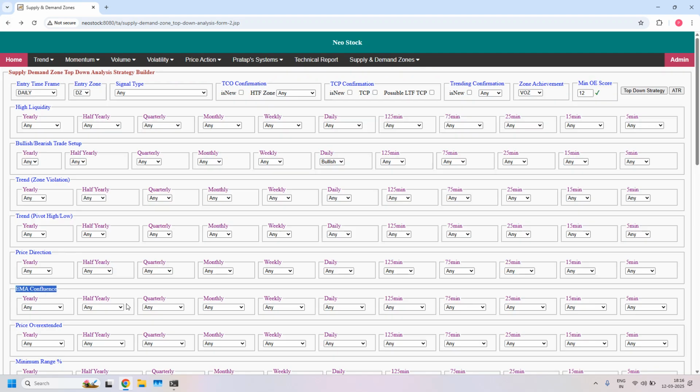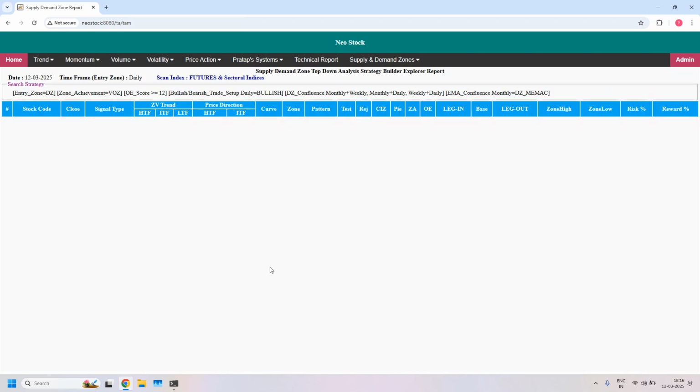So in the EMA confluence at monthly, I am checking whether the monthly demand zone has monthly EMA confluence or not. That stock does not have monthly EMA confluence. Okay, this is about the bullish trade setup for monthly income trade.